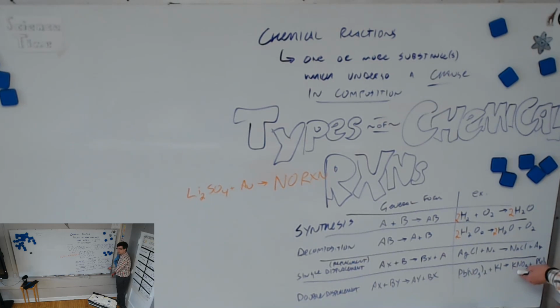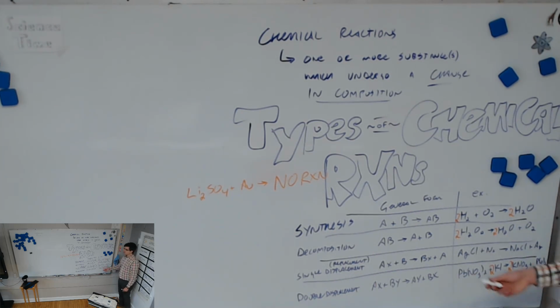How many on this side? 1 nitrate. The 3 is part of it. So what can I multiply this by to make it 2? Then, if this potassium now is 2, what do I have to do on the other side? Multiply by 2. So now we have 1 lead, 2 nitrates, 2 potassium, 2 iodine. So that is now balanced.